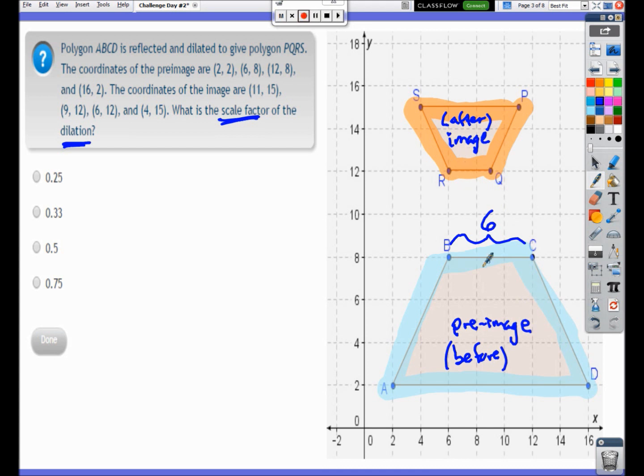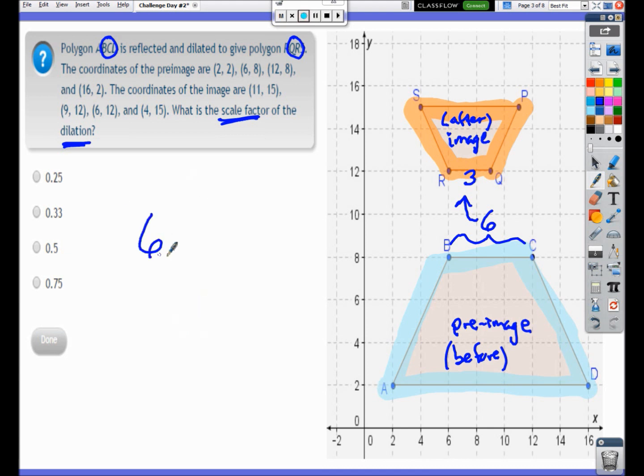And then its corresponding side, if BC is the middle 2 letters, then QR the middle 2 letters. Well, that's this piece, and it looks like it's got a length of 1.5. But remember, this isn't 1.5. We got to double that because our scale is by 2s. So the 6 turns into a 3.